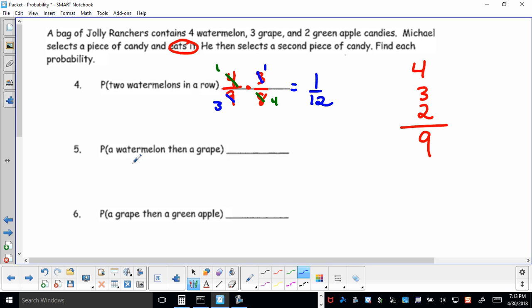All right, what's the probability of selecting a watermelon, then a grape flavored one? Well, we have 4 watermelon flavors and 9 Jolly Ranchers. Then we have 3 grapes and 8 candies.